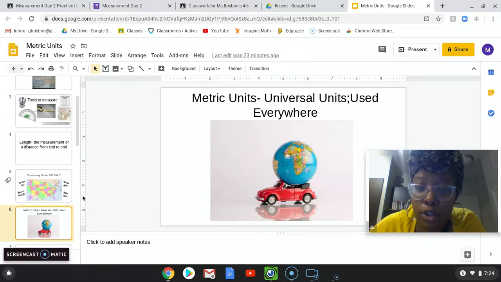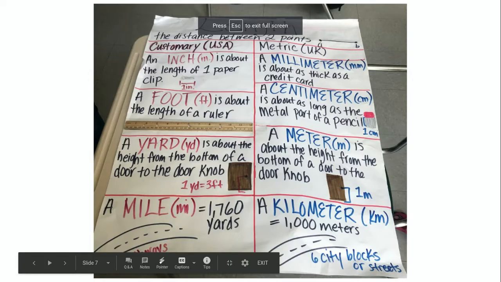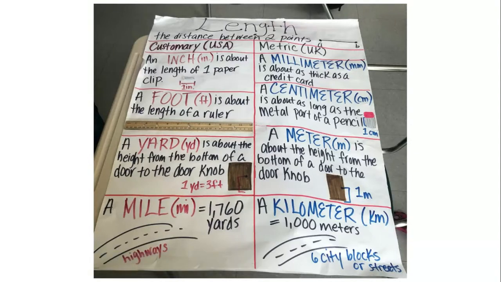So what we're going to look at is this chart. You might have seen it yesterday. This is Ms. Brisbane's chart that she made last year about length. We see on the left in the pink, you see customary units. That's what we went over yesterday. On the right is metric units, and that's what we're going to go over today, okay?